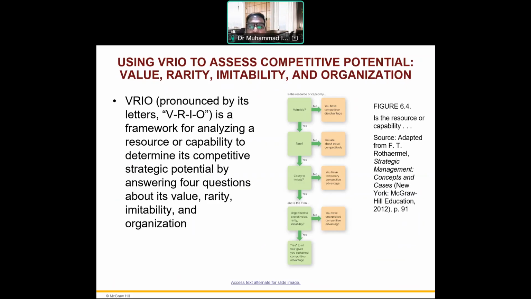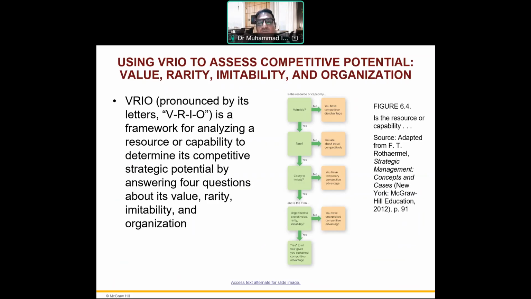Organized to exploit valuable, rare, inimitable resources. If you have valuable, rare, and costly to imitate features in your product, but the organization is not set up to exploit them, it means you have an unexploited competitive advantage. You have a competitive advantage, but you still don't know how much more benefit you can get.